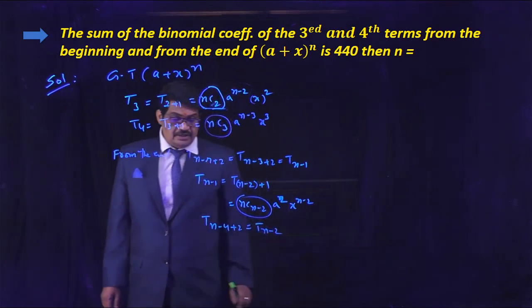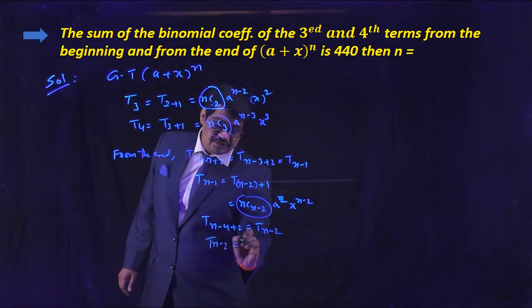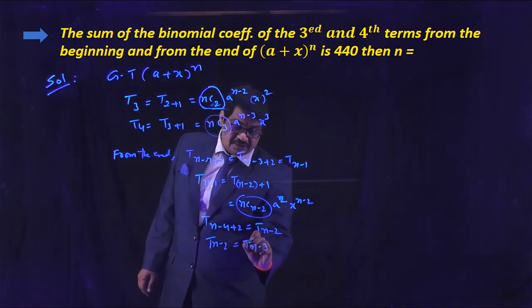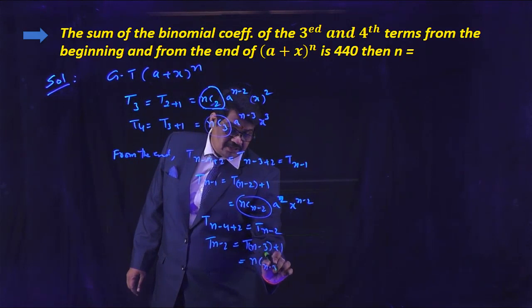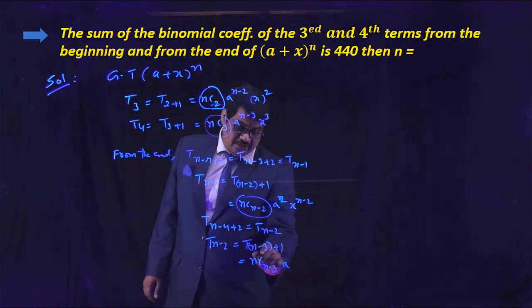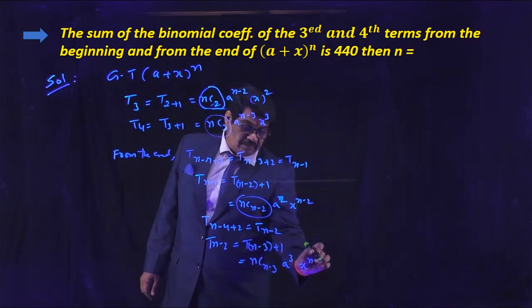T(n minus 2) can be written as T(n minus 3 plus 1). Now what is the term here? That is nC(n minus 3) into a to the power of 3 into x power n minus 3.